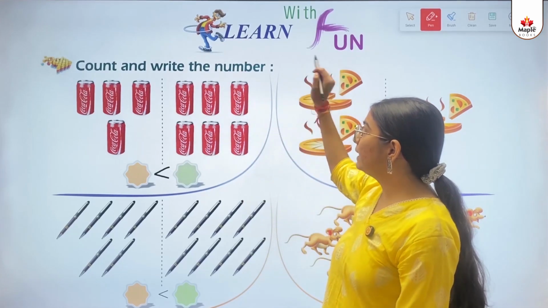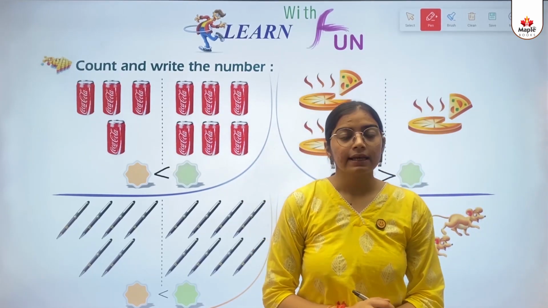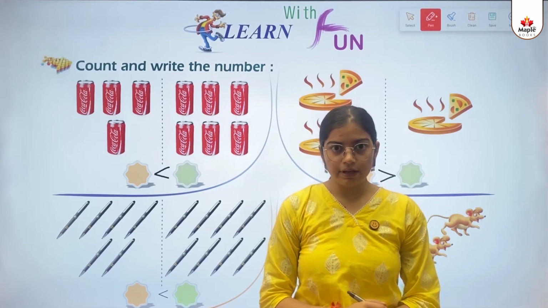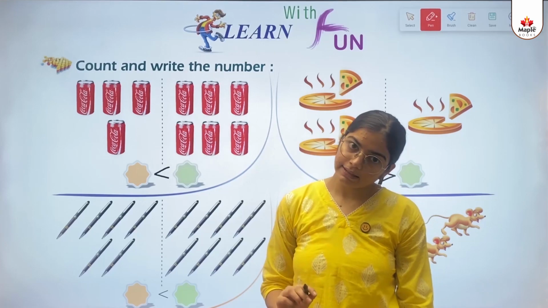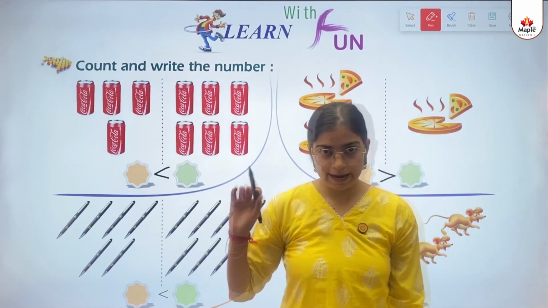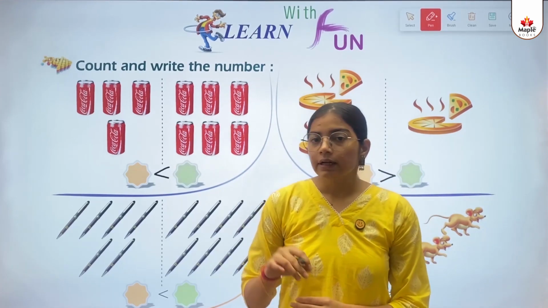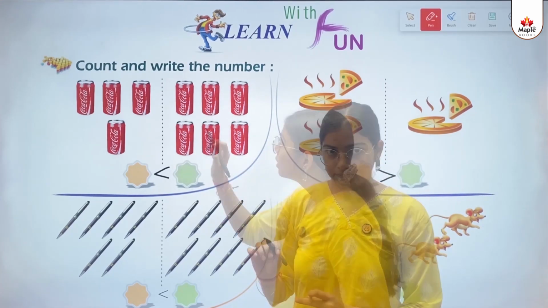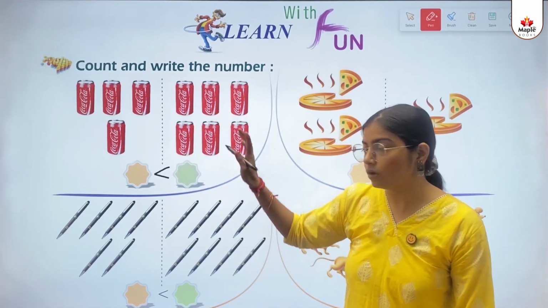Count and write the number. So, in this exercise, kids, we need to count the numbers and write as follows in the given boxes. As you can see, kids, there are two sides given in each part of the question. So, we will write side by side. In the first part, there are cold drink cans given on both the sides.